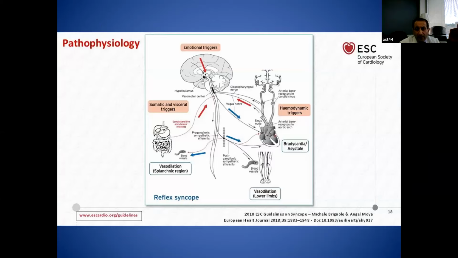This is a schematic of what we think happens. This is not clearly defined. I don't think you're going to be tested specifically on the mechanism, at least in terms of when I studied for my internal medicine boards, cardiology boards, EP boards.